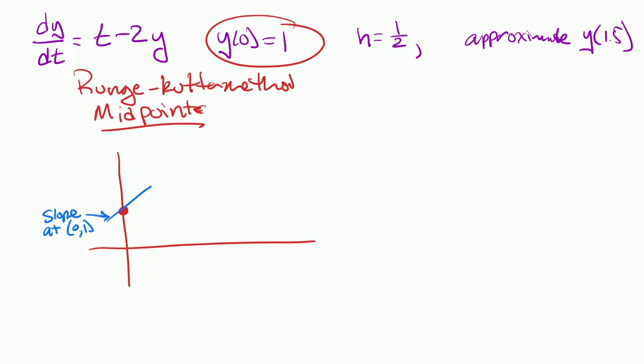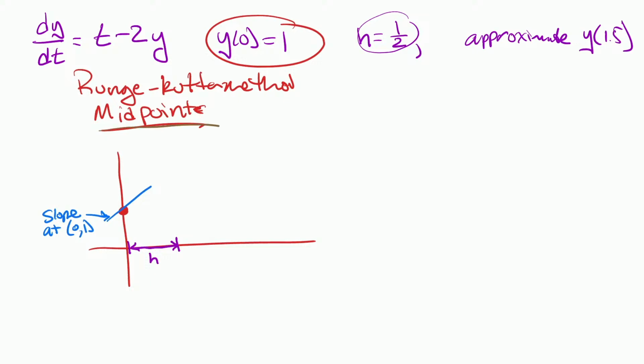So that's your starting move. And then what you're going to do is go ahead, not a full step. So this is going to be our step size here, that's going to be h, whatever h is. In this case, h is 1/2, but don't worry about that. So we go forward only halfway. We take a half step, hence the name midpoint.